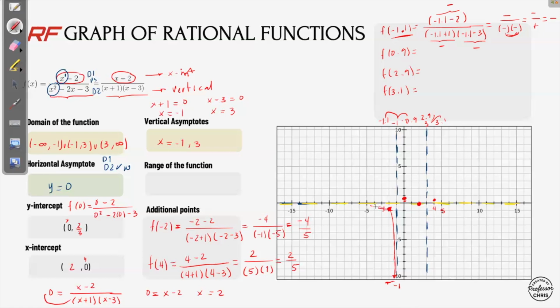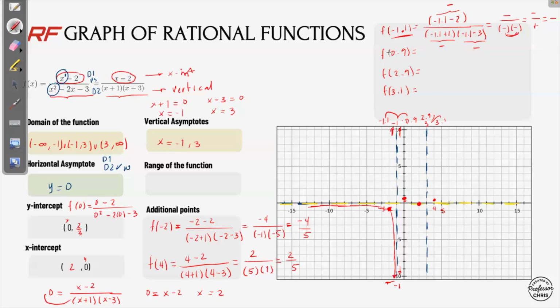And from this point, we're going to try to approach the horizontal asymptote like this. Then if you use -0.9, now you're trying to see whether the graph will go in the positive direction or in the negative direction on this side of the asymptote. On the other side, it was either going up or down once you approach the asymptote.